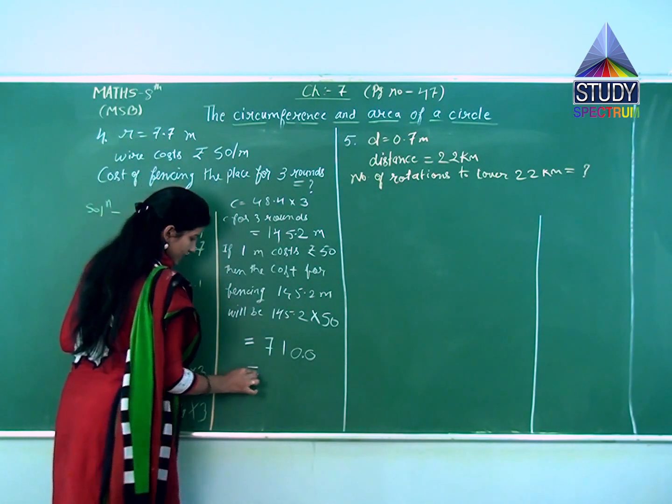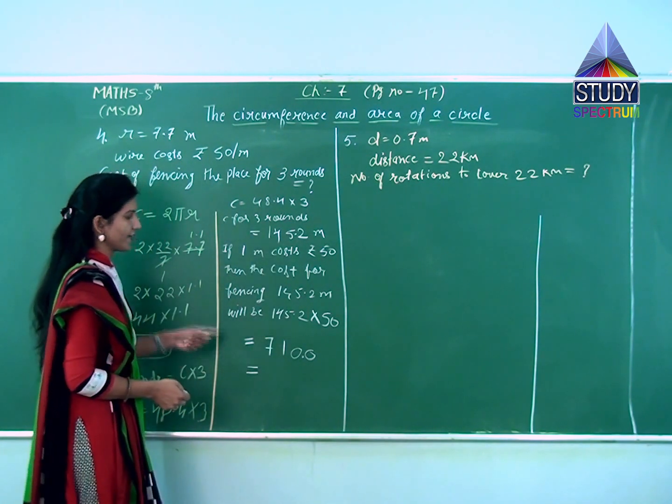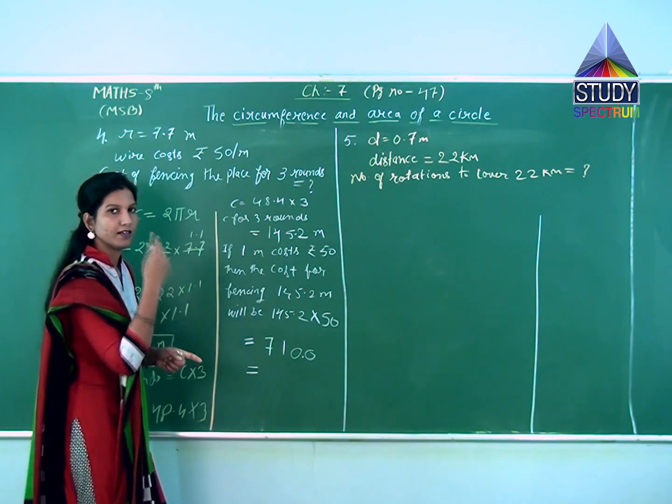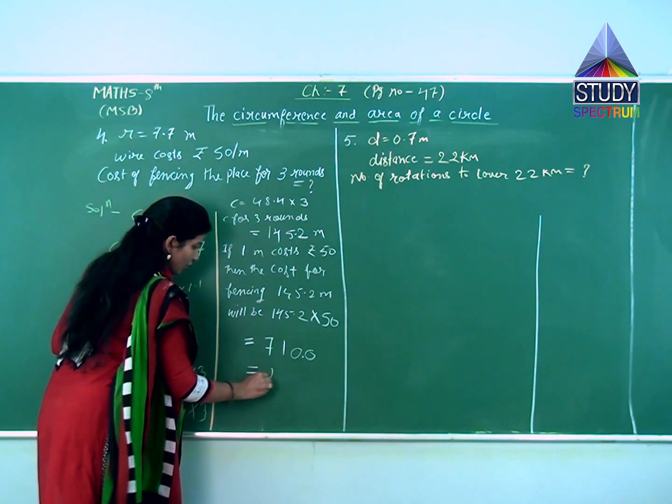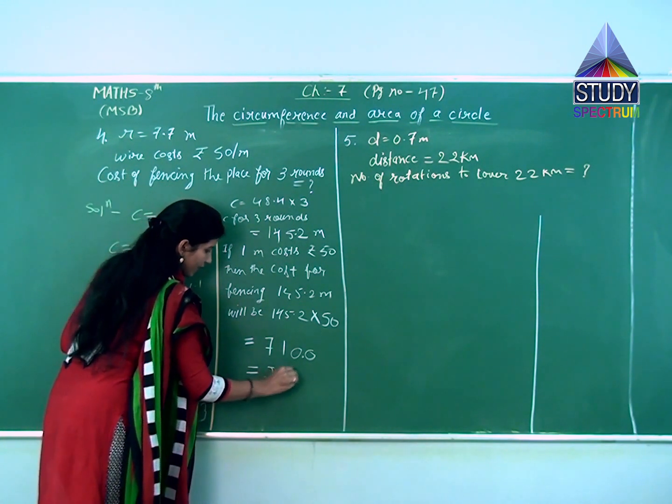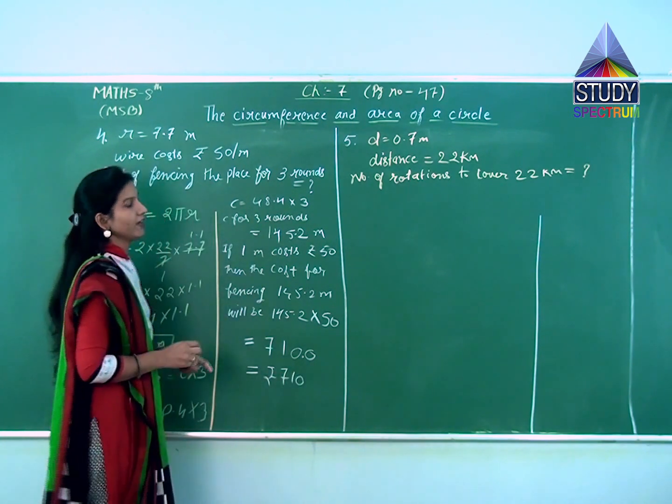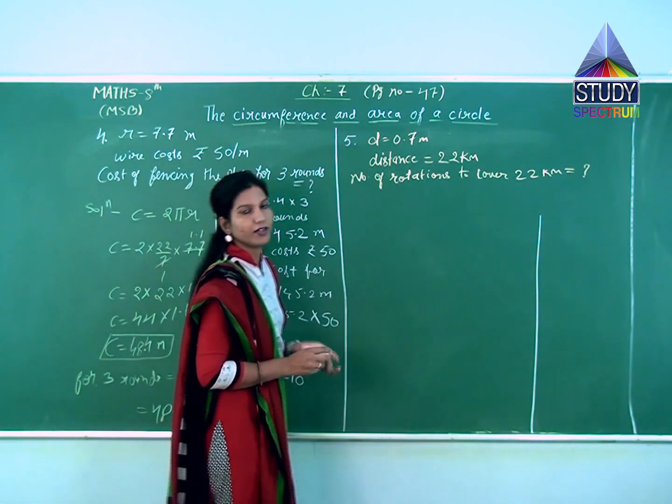So our answer for the cost of fencing the whole circular place 3 times will be rupees 710.